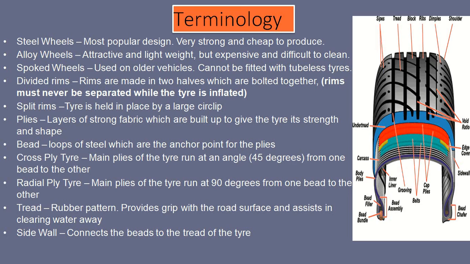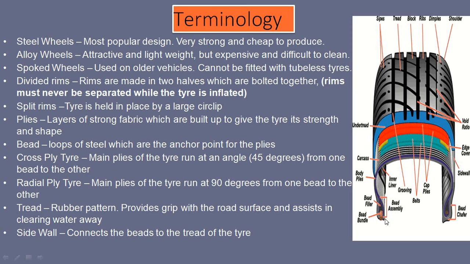Divided rims are made in two halves which are bolted together, and the rims must never be separated while the tire is inflated. Split rims: the tire is held in place by a large circlip. Plies: layers of strong fabric which are built up to give the tire its strength and shape.